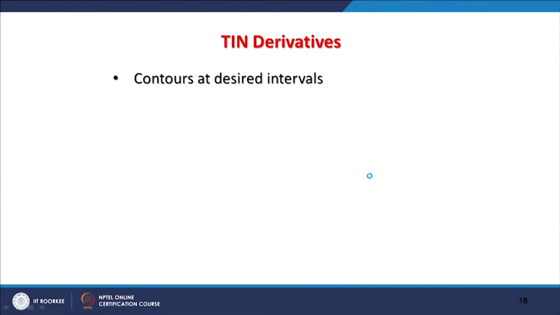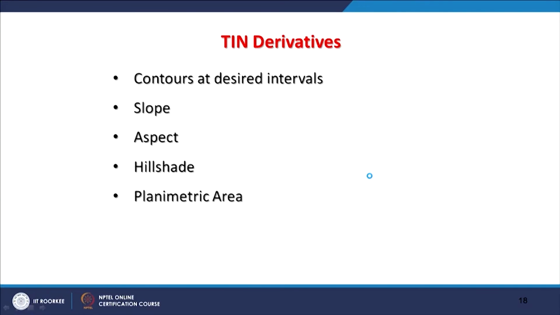Now, what are the TIN derivatives? What are the things which we can derive from a TIN? Of course, contours you can always derive, because after all a TIN is also formed using point data. Slope and aspect, these 2 derivatives of a surface, are simultaneously generated, and then hillshade can also be generated using your TIN model.